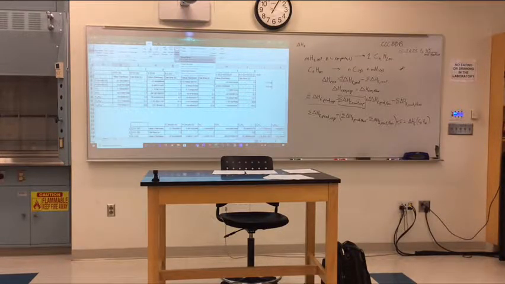You scroll left and right, it should keep your headers. That typically makes stuff a lot easier to fill out. You get it to work? Okay.